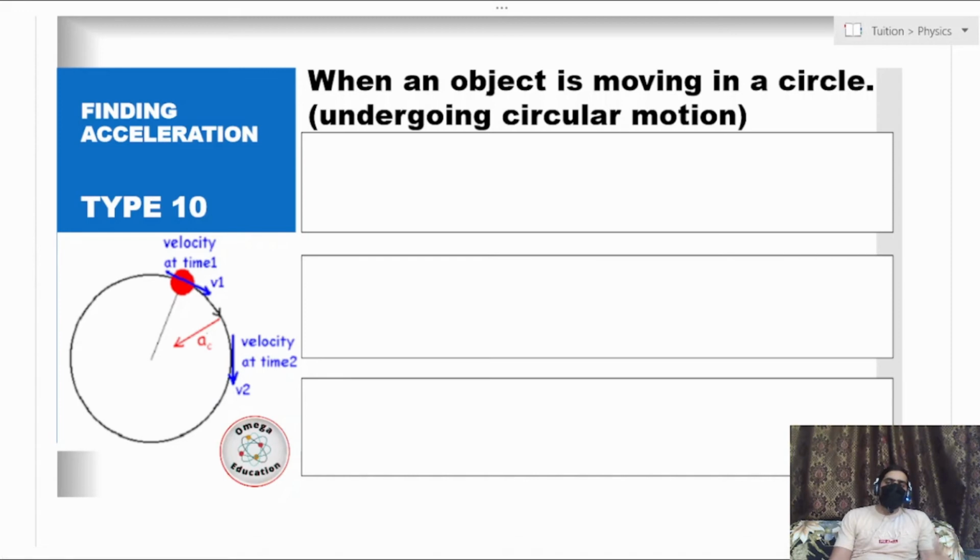All right. When the object is moving in a circular path, or when the object is moving in a circle, in that case, its acceleration is called centripetal acceleration.